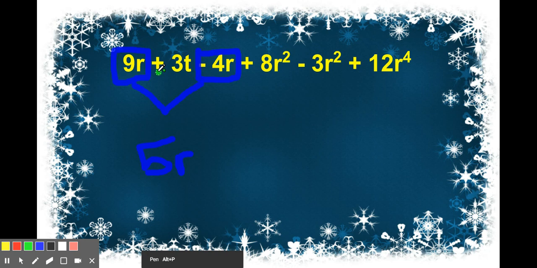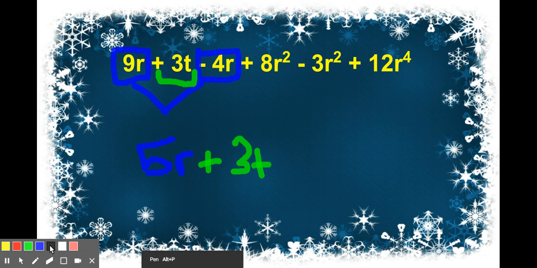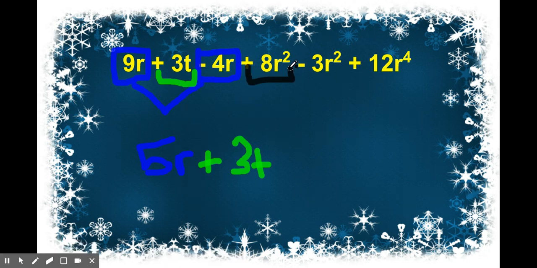My next term is a positive 3t. Do I have any other t's? Any more variables of t? I do not. So I'm just going to add my 3t here. My next term is a positive 8r squared.